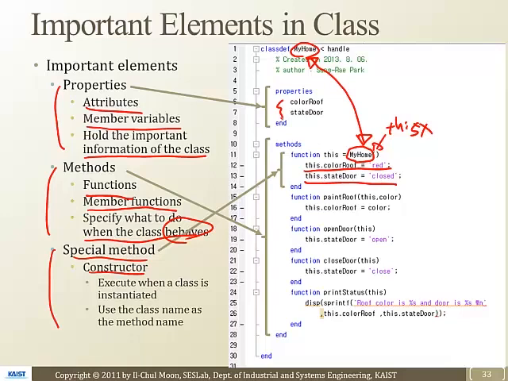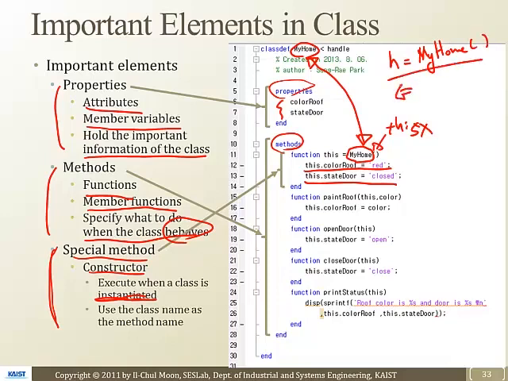So these are all important elements of the class. You need to have some properties, you need to have some methods to function, and there are some special functions called constructors. This constructor is executed when the class is instantiated. If you recall, H equals my home.